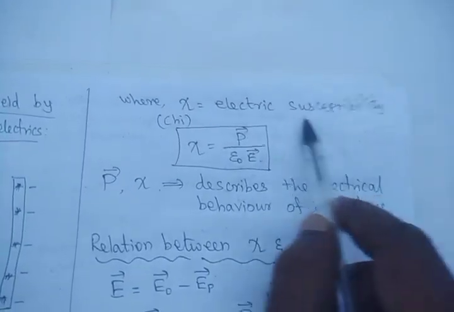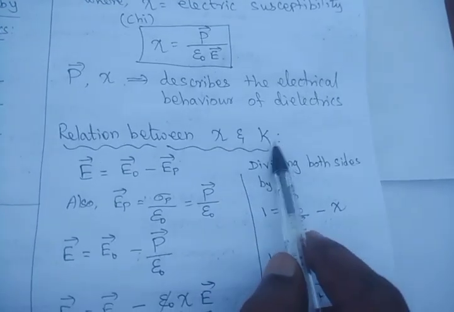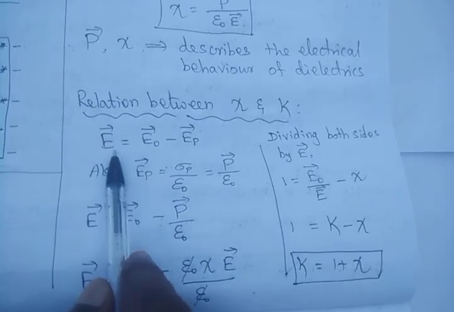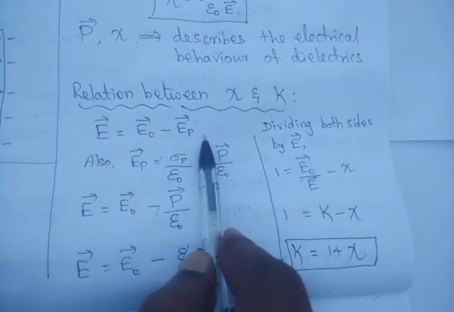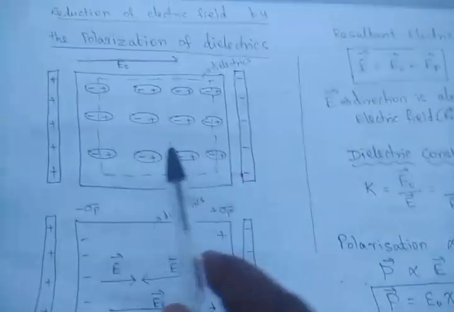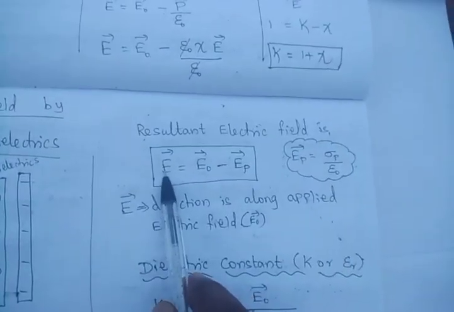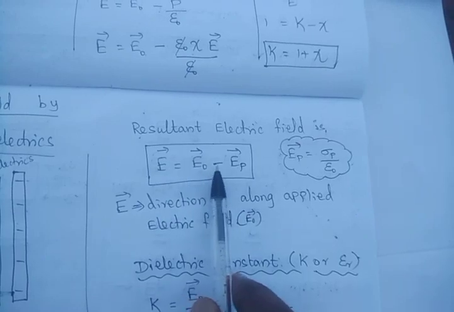Psi is the electrical susceptibility and K is the dielectric constant. Already we know that E is equal to E naught minus EP, as we saw in this question. When the dielectric is placed in the external electric field, we get the resultant electric field vector E equal to E naught minus EP.